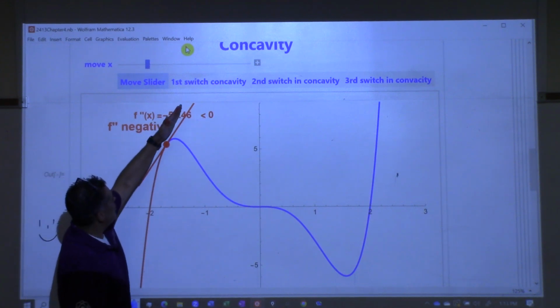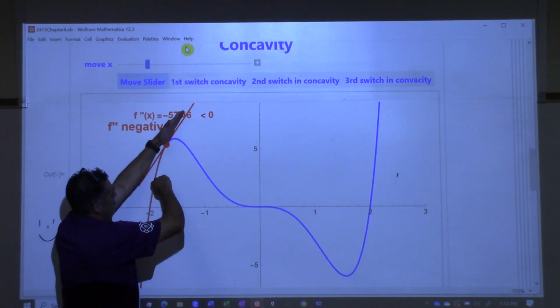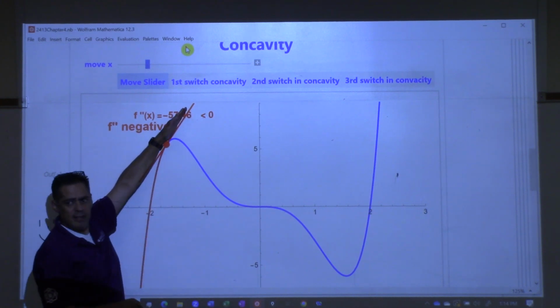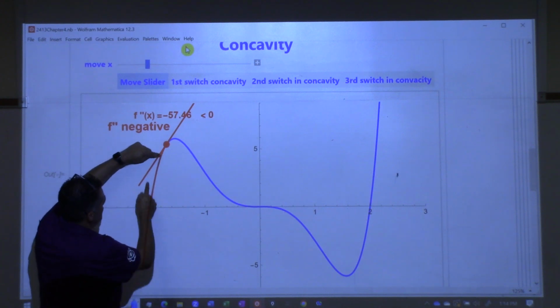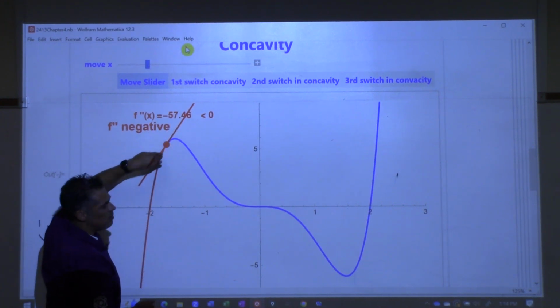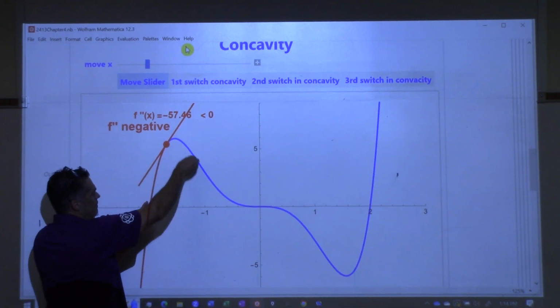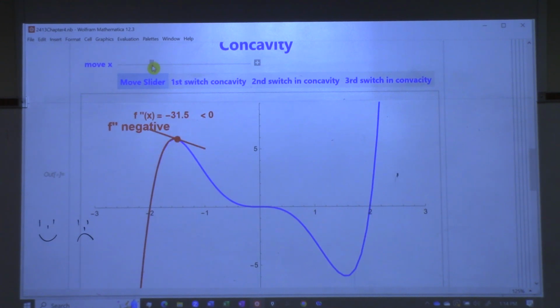Notice that the tangent line lies above the curve. Right? That line is above the curve, except for the point where they touch. Otherwise, if you go out here, the points on the tangent line are always above the graph itself. And that's going to be that way until I get to where it switches concavity right there.